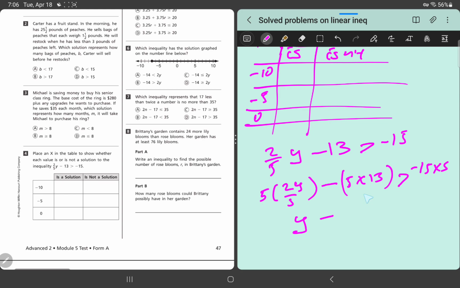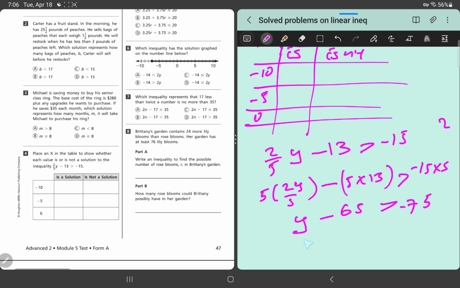So this is 2y minus 5 times 13, which is how much? 65, greater than 5 times 5, that is minus 25.